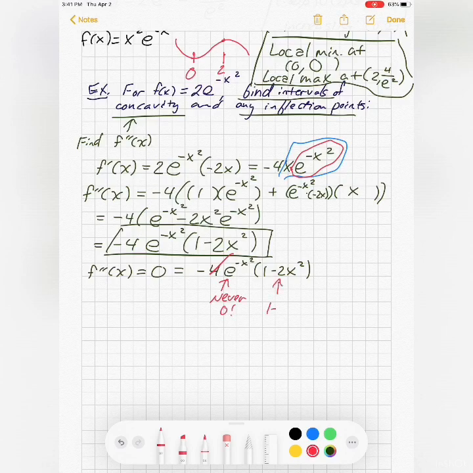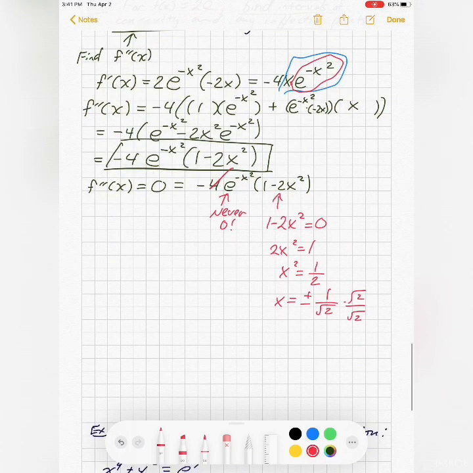So actually I'm only interested in where this quadratic factor is 0. Rationalize. So looks like my candidates would be plus and minus √2/2.